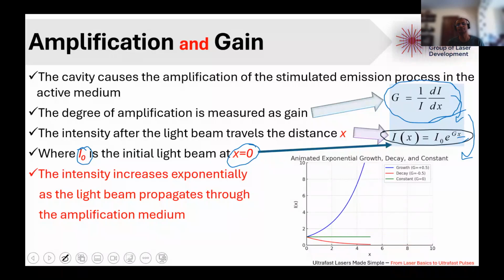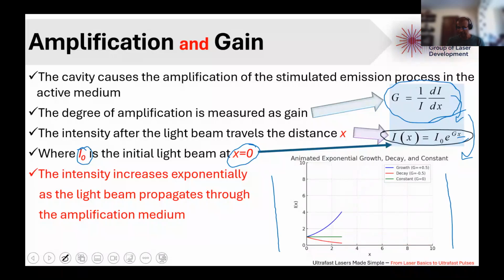What this formula is showing, you people know very well, you are learning this from high school or maybe before, is an exponential increase in the intensity. You can see the plot down here, it's animated.